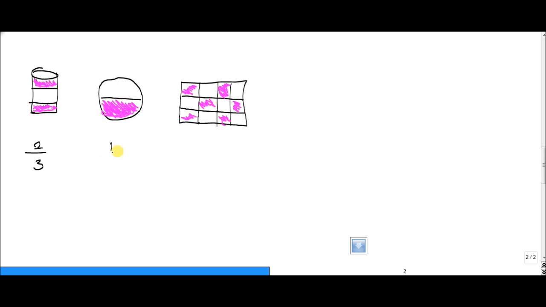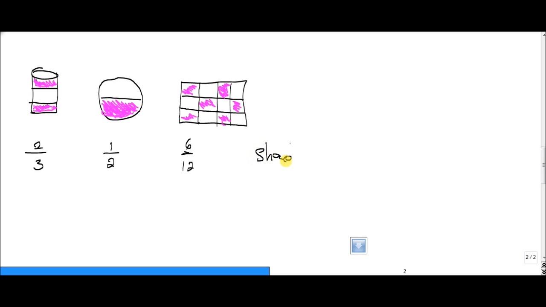This would be 1 part out of 2. C is divided into 3 times 4, 12 pieces, and I have 6 pieces shaded. So this would be 6 out of 12, which represents the shaded section.